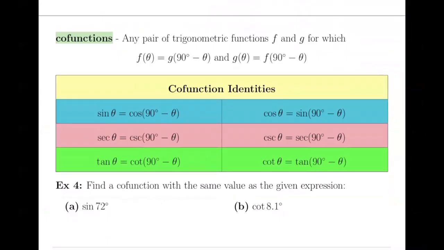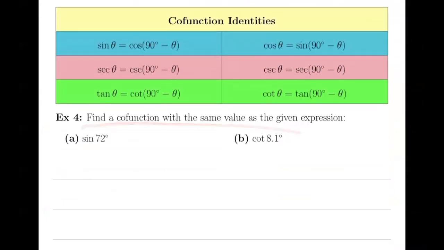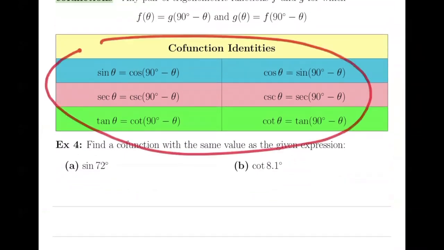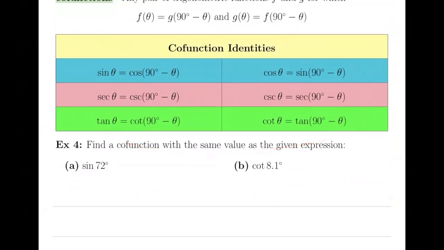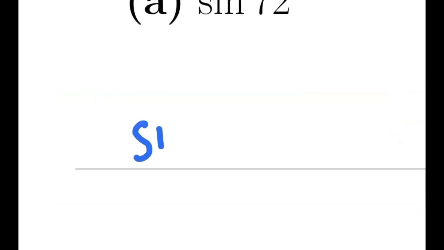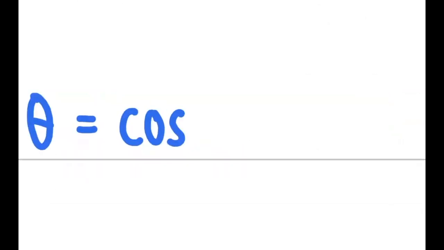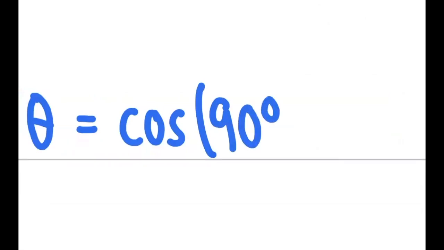So let's do an example. Find a cofunction with the same value as the given expression. So we have sine of 72 degrees. We know this is one of our cofunction identities. We know that sine of theta equals cosine of 90 degrees minus theta. Let me write that out. So sine of some angle theta equals cosine of 90 degrees minus theta.